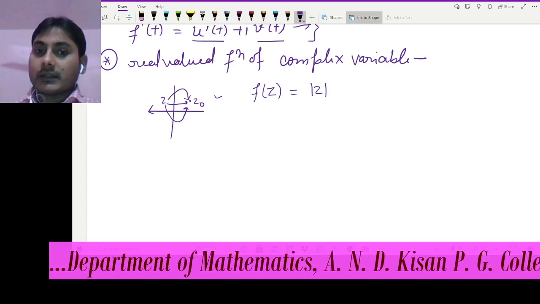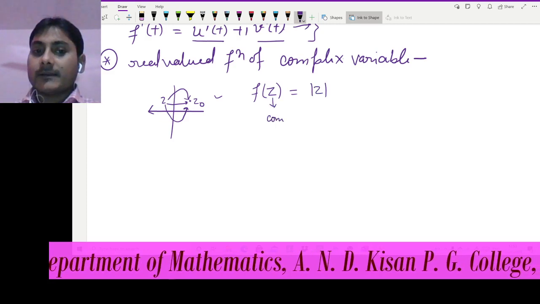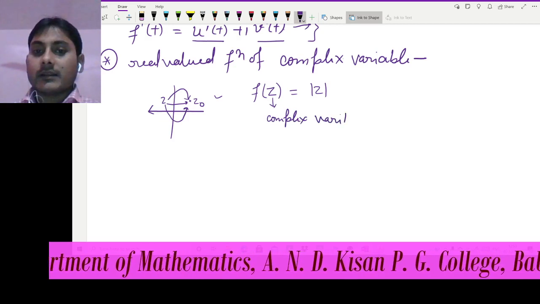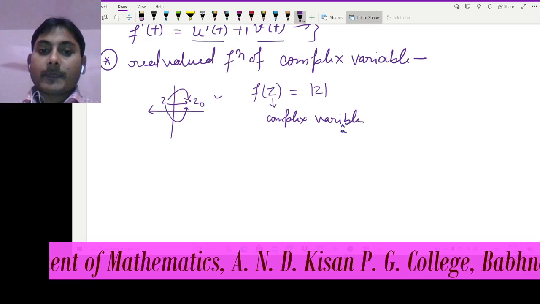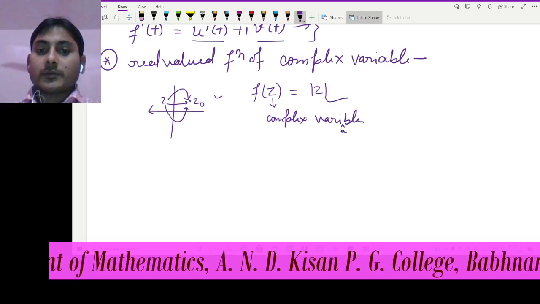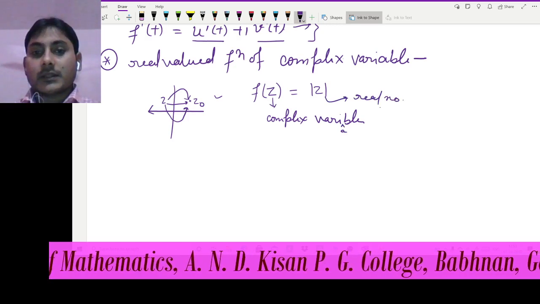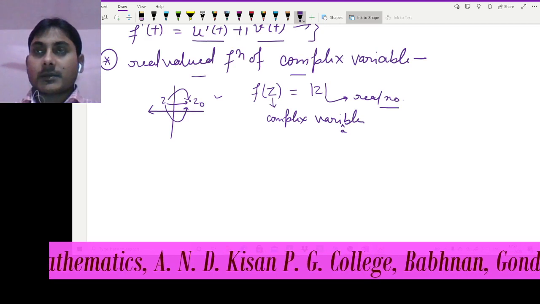Here you can simply see that this is a complex variable, and whatever output you are getting is a real number. So obviously it is real valued but of a complex variable.